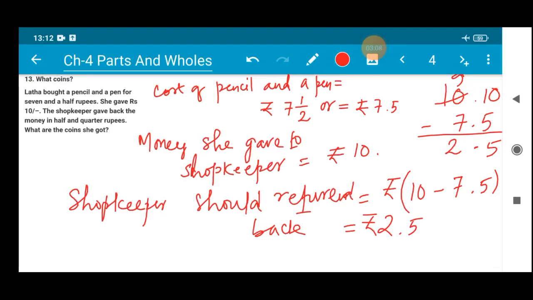Lata. Now your job is, they have not asked this question in the question. Just read this properly. The shopkeeper gave back money in half and quarter rupees. He did not return it as 2.5. Of course he has to return 2.5, but he has returned it in the form of half and quarter rupees to Lata.